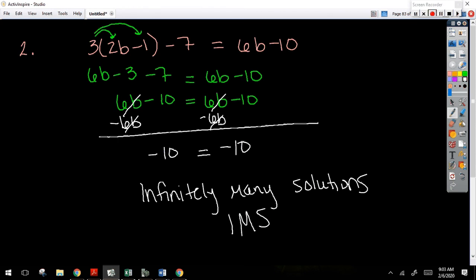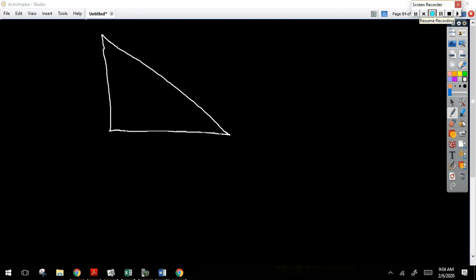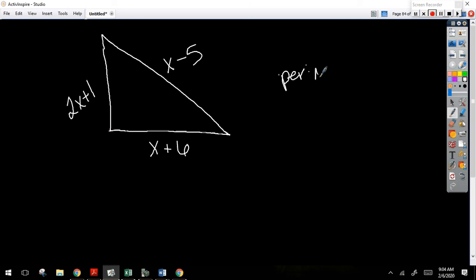They will be intermingled into all the other problems that you see on the video. Let's say that I had a triangle with sides 2x plus 1, x minus 5, and another side, and I told you that the perimeter of this triangle was 25.